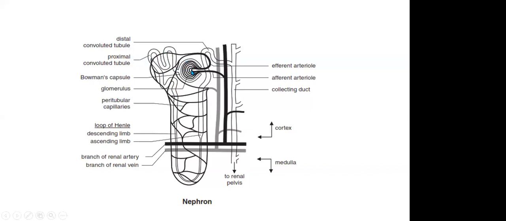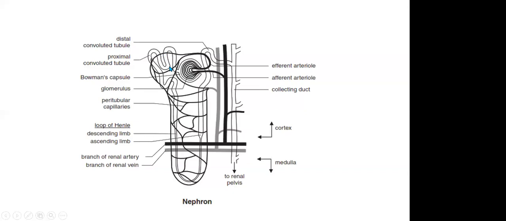So when there's filtration, the filtrate, which we call the glomerular filtrate, will enter through this white tube that is highly coiled. Because it is highly coiled, we say it is convoluted. The word convoluted means something which is highly coiled.